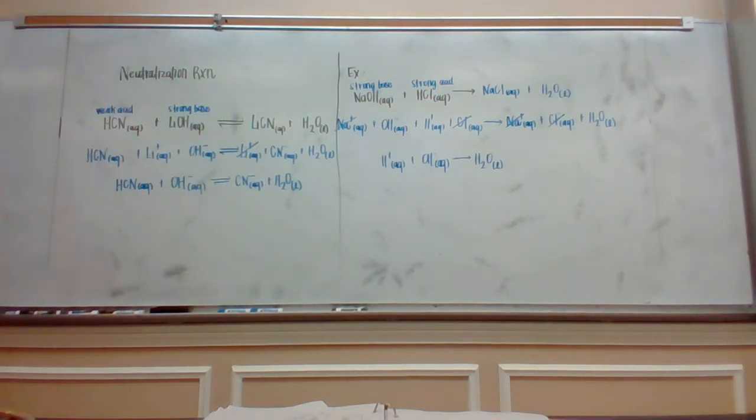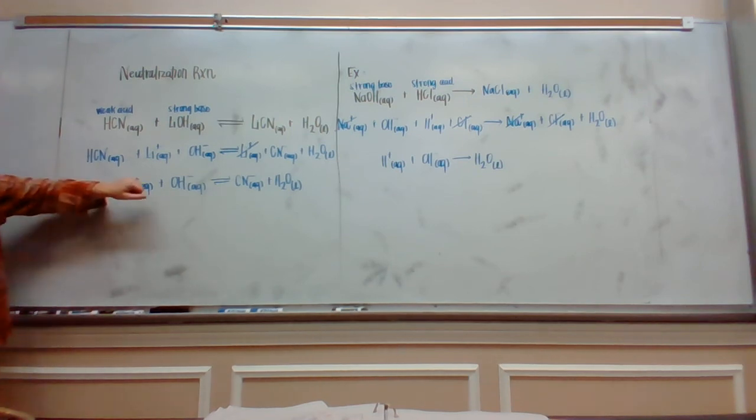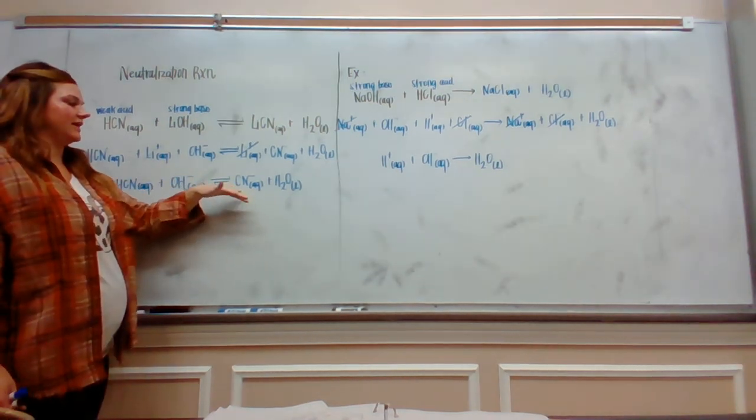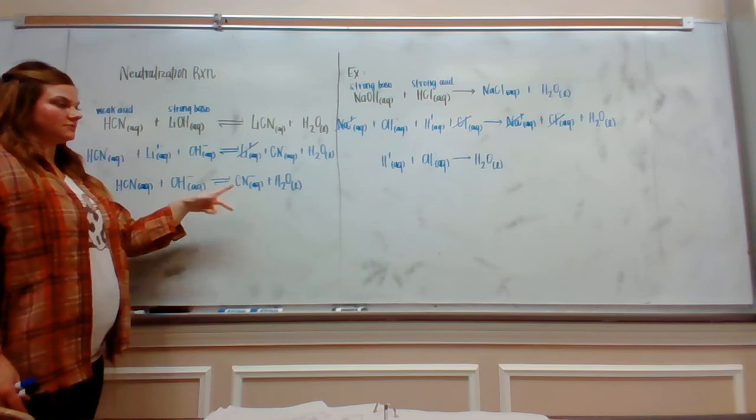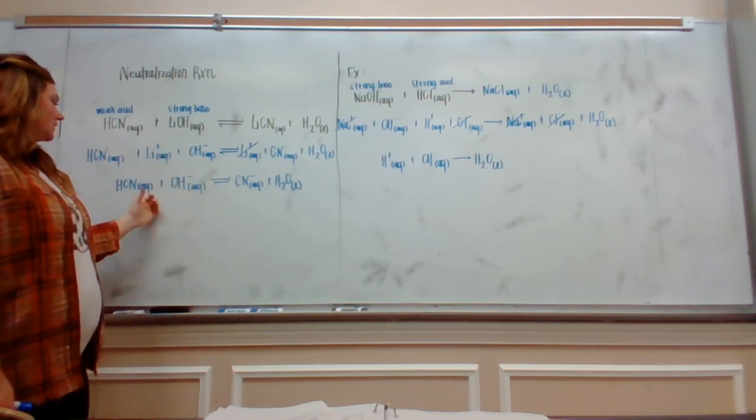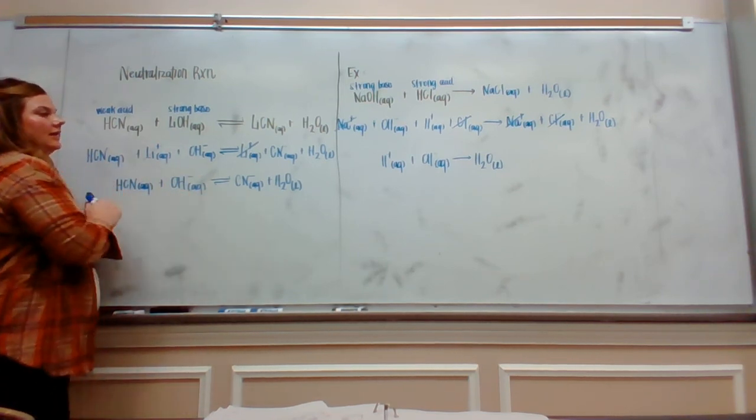Okay, so that's what my net ionic equation looks like. I have that weak acid, and then this is called the conjugate base of the acid. We haven't talked about that, but those remain in my net ionic equation.